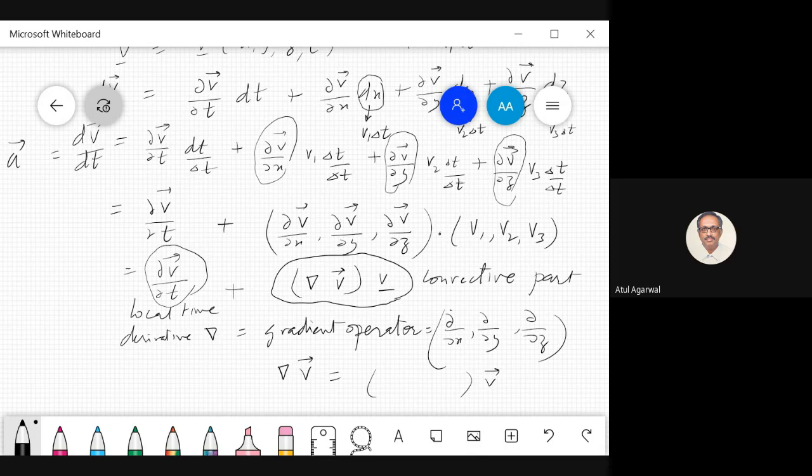So a particle has gone from here to here. Whatever is the change because of this change in position is the convective part. And whatever is the change in velocity because of the difference in time is the local time derivative, that is its local acceleration, and this is the convective acceleration.